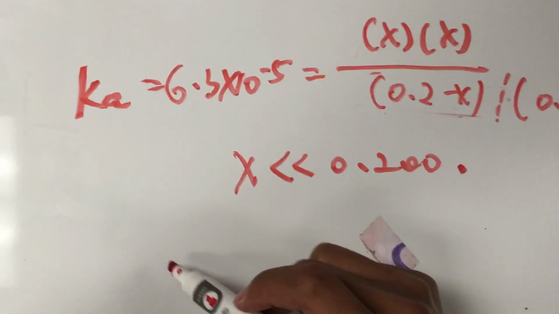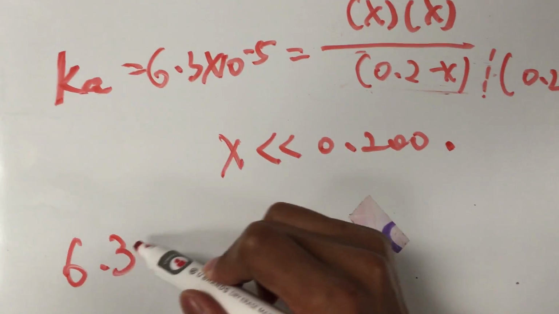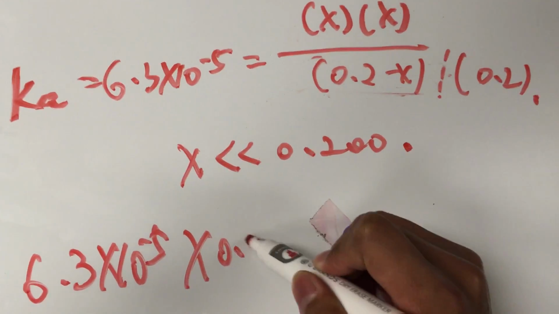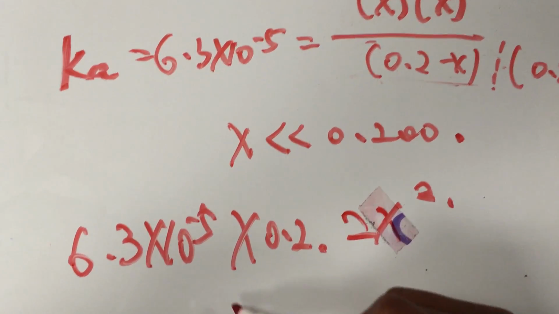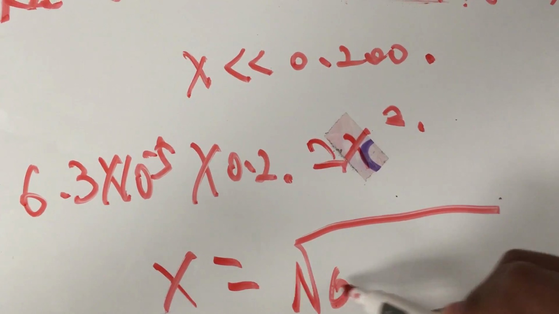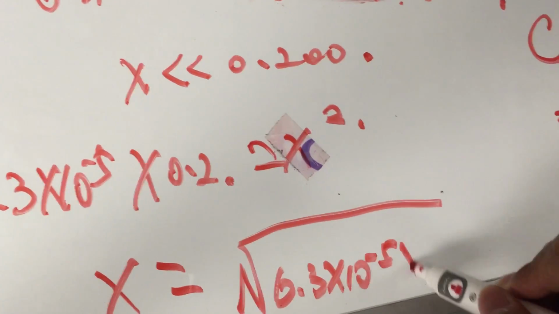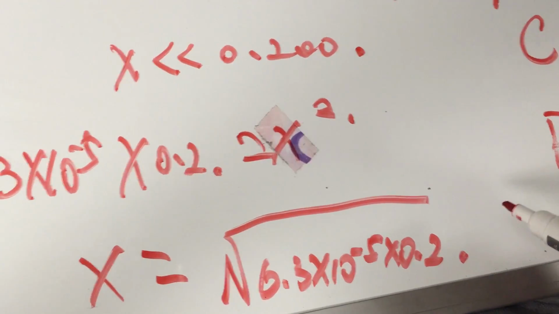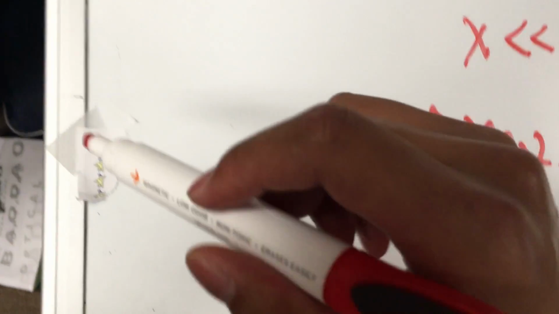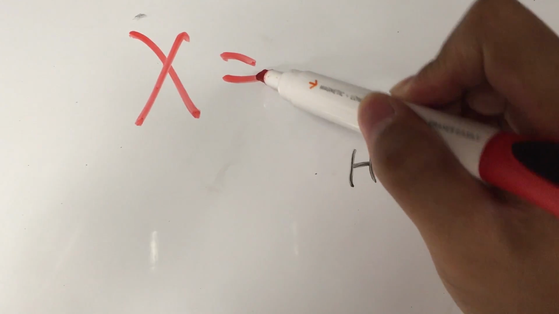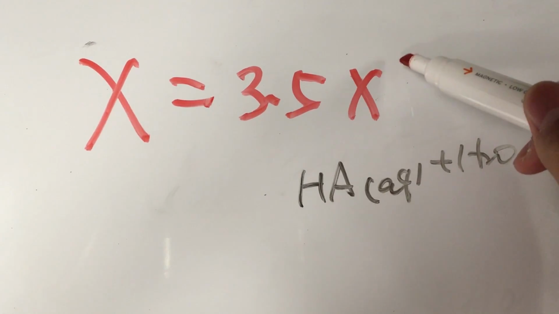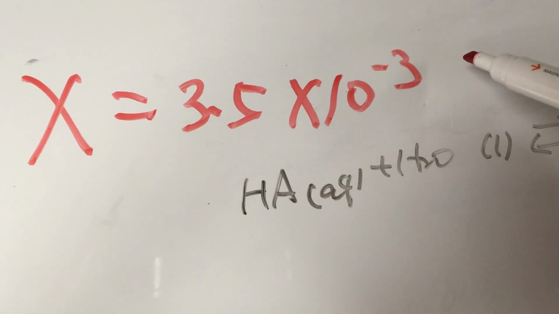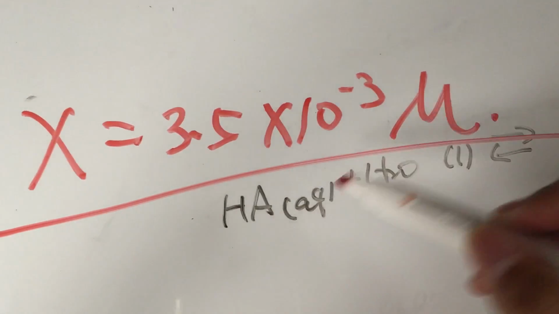So we multiply this Ka by 0.2 to get x squared. Once we put this into the calculator, x should be equal to 3.5 times 10 to the minus 3 molarity. Bingo.